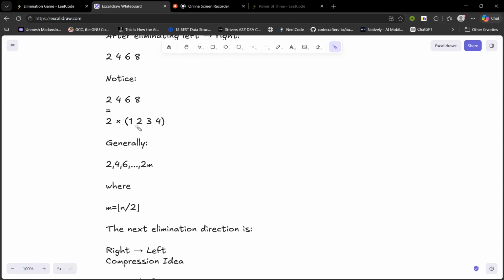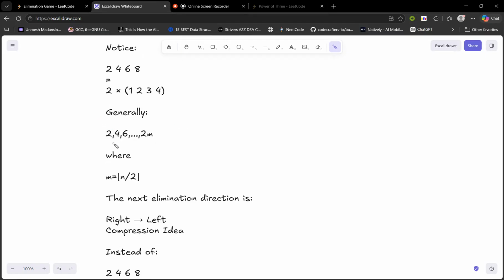Now you can notice that, if this array was one-indexed, these are exactly twice their indices: 1, 2, 3, 4, and we have just multiplied by 2. So generally 2, 4, 6, and so on to 2m will be the survivors of the first operation. And m is what? m is n by 2.